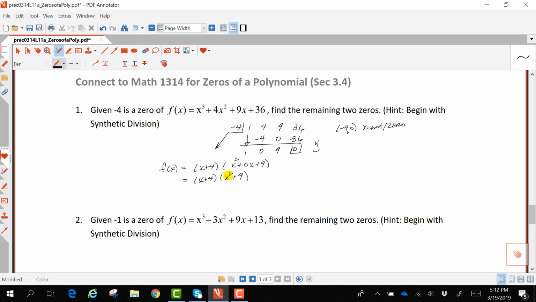When I take each factor and set it equal to 0, I get my -4, and then with my x squared plus 9, using the square root property, I get plus or minus 3i. Therefore, the zeros of this polynomial occur at -4, at 3i, and at -3i.